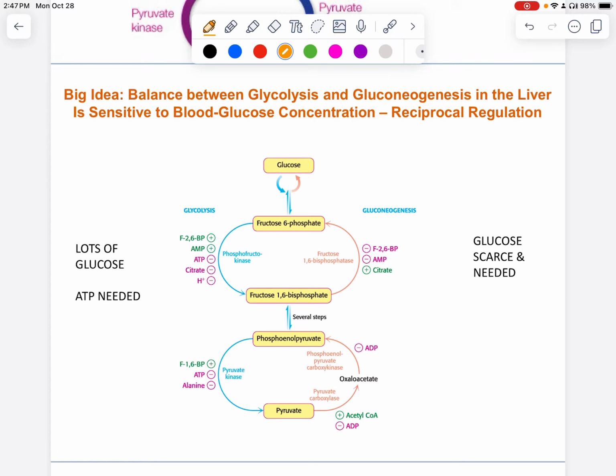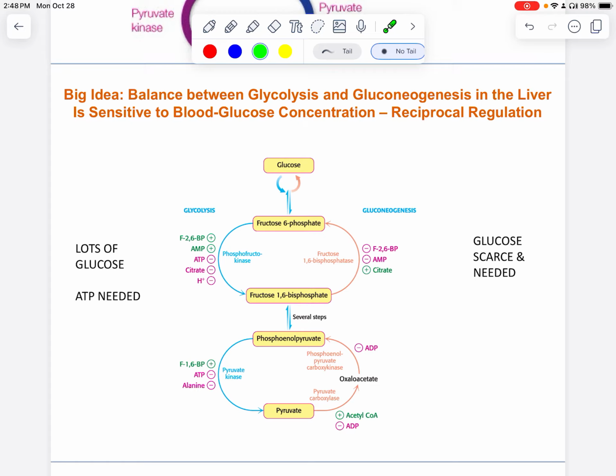So as we talk about this, the big idea is that the balance between glycolysis and gluconeogenesis in the liver is sensitive to that blood glucose concentration. So the blood glucose concentration is going to help determine which of these two, glycolysis or gluconeogenesis, should be moving forward.